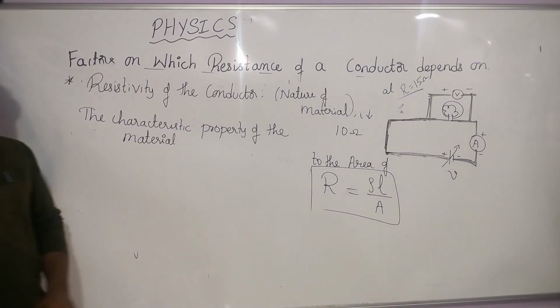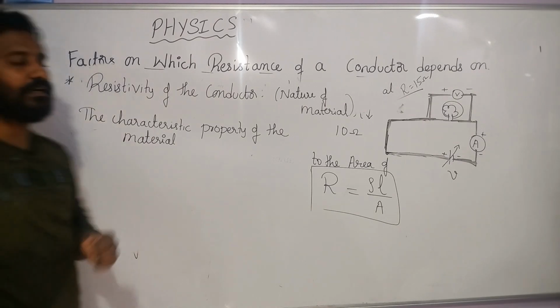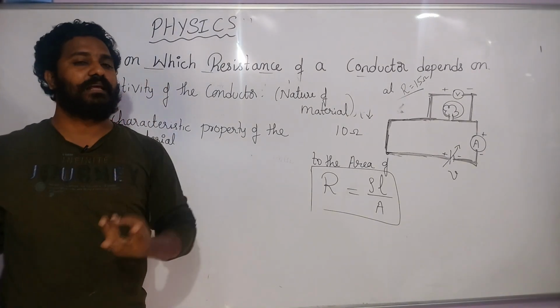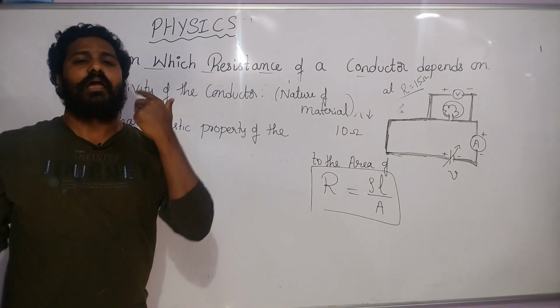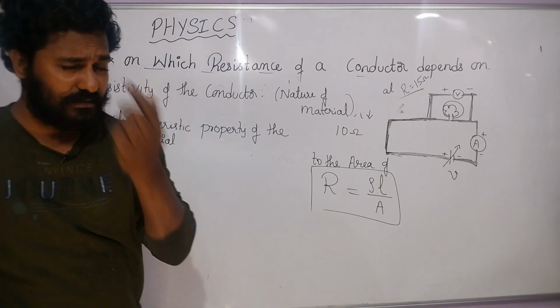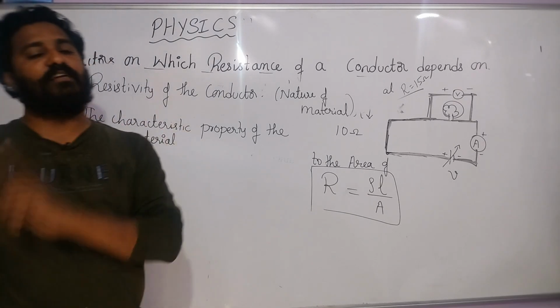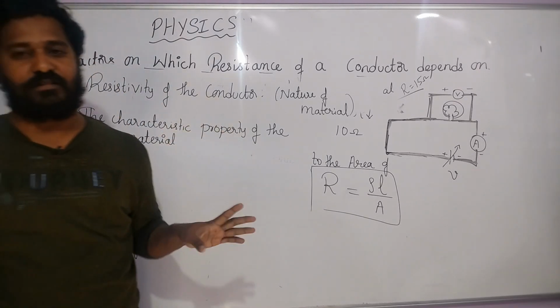One mark question, children: if they ask on what factors the resistance of a conductor depends, you have to say three things: nature of the material, length and area of cross section of the conductor, and resistivity of the conductor. If they ask for one mark, you have to mention this.